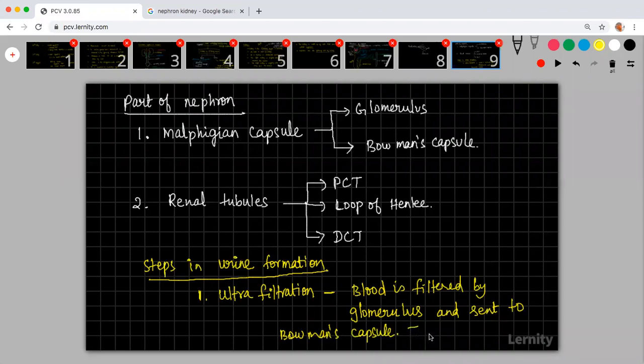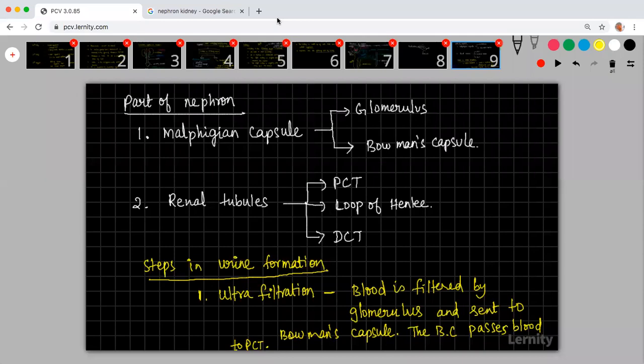The Bowman's capsule passes it on to the PCT. Okay, so blood is filtered by the glomerulus and sent to where? It is sent to Bowman's capsule. And then from there, what is happening? The Bowman's capsule passes it to the PCT.